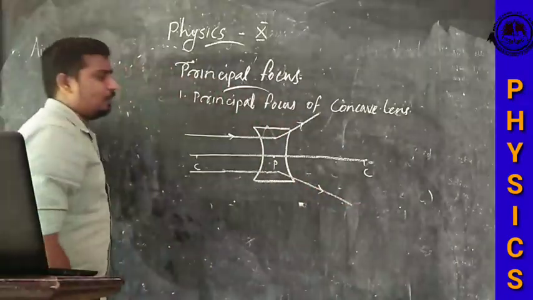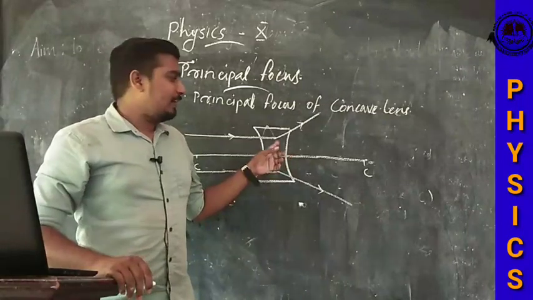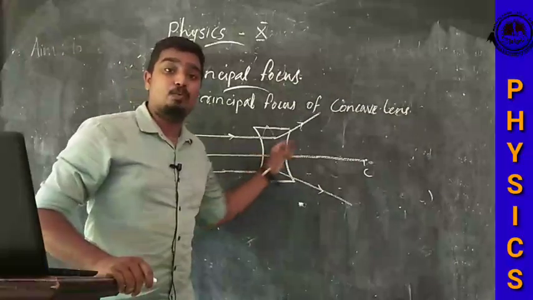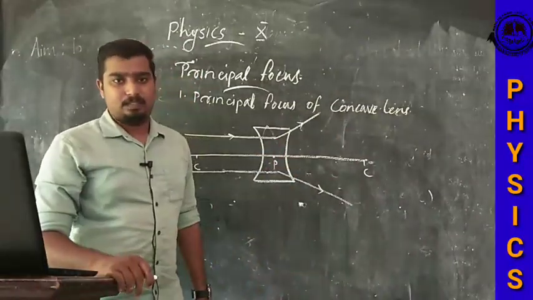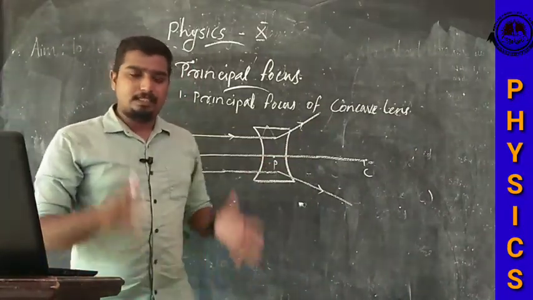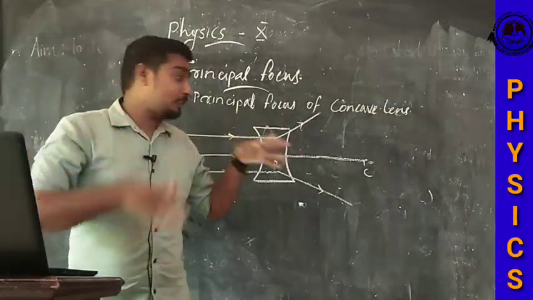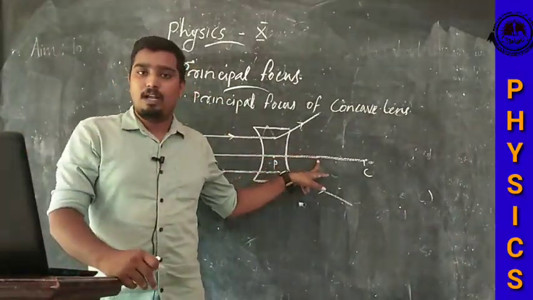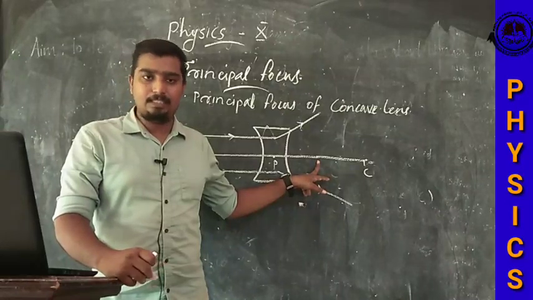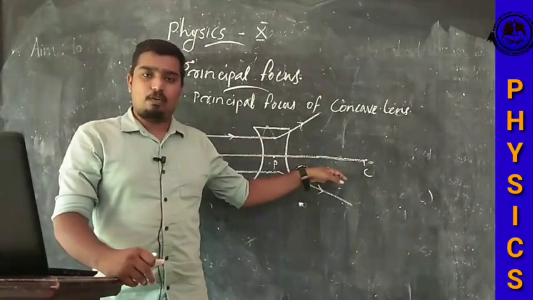But in the case of a concave lens, the refracted rays are diverged. That means these refracted rays do not converge on the principal axis. That means here the principal focus is not formed.